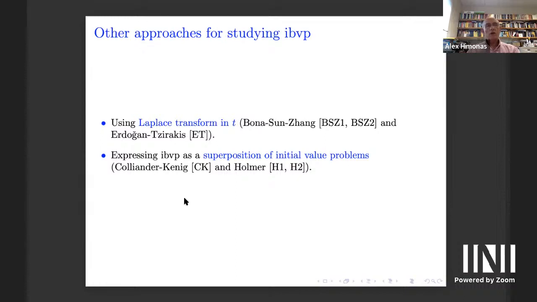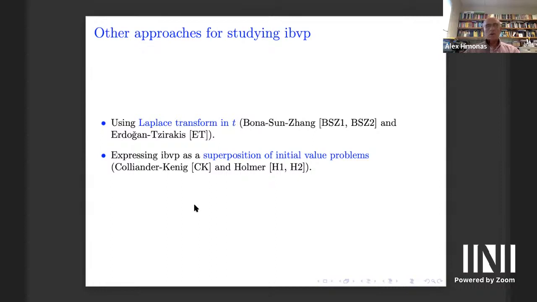And we also have the approach of Colliander and Kenig, which exploits the initial value problem. They don't begin from solving the initial boundary value problem. This approach, the Fokas unified transform method approach, spends a lot of time and energy to solve the linear problem and derive the solution, and then in principle follows the ideas of the initial value problem.